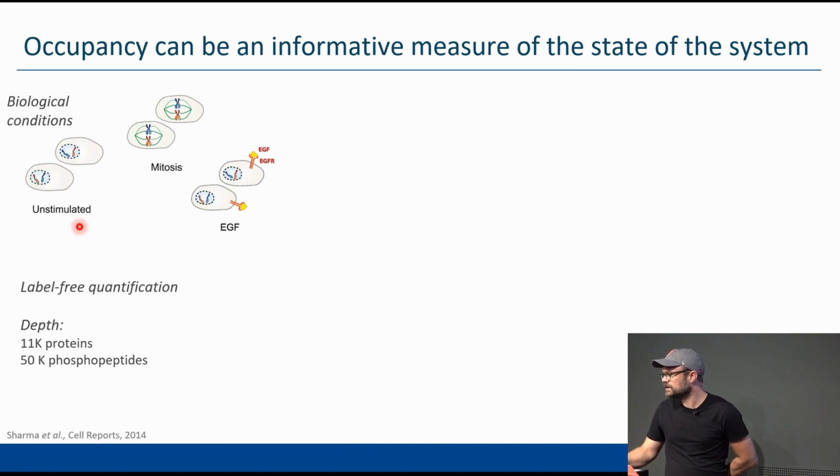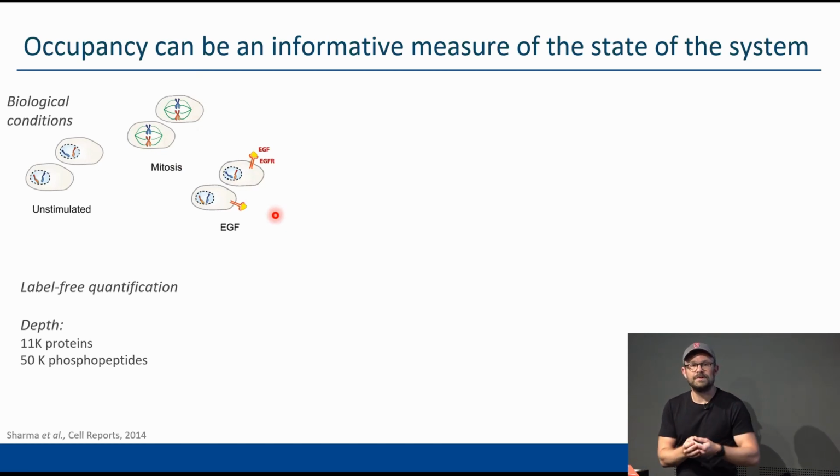Here we have 3 different conditions: the untreated cells, then mitotically arrested and released cells, and then cells stimulated by EGF, the epidermal growth factor. It was investigated whether this label-free algorithm can accurately capture the signaling dynamics that we expect.